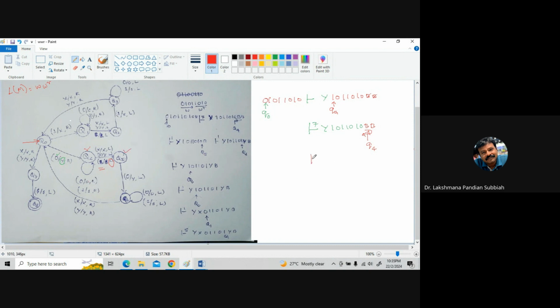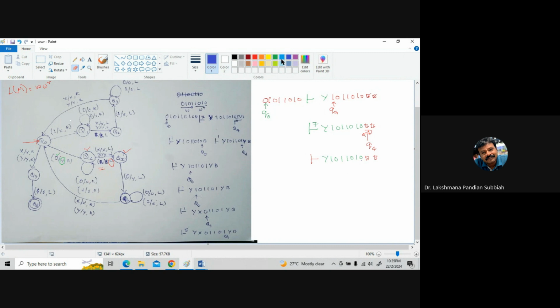So our next configuration is Y 0 1 1 0 1 0 followed by blank spaces. Now the current position is here: the 0 is the current position.